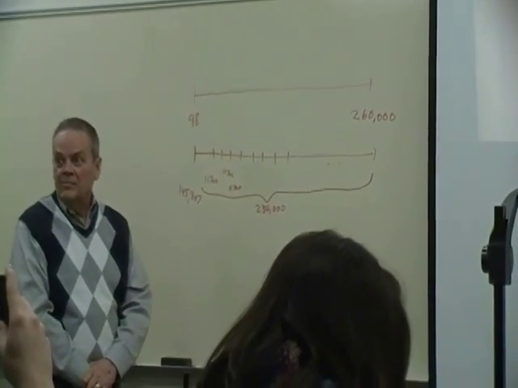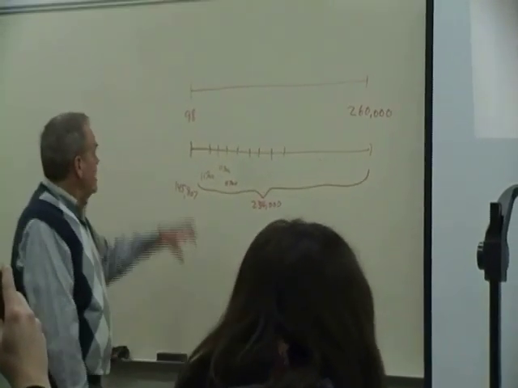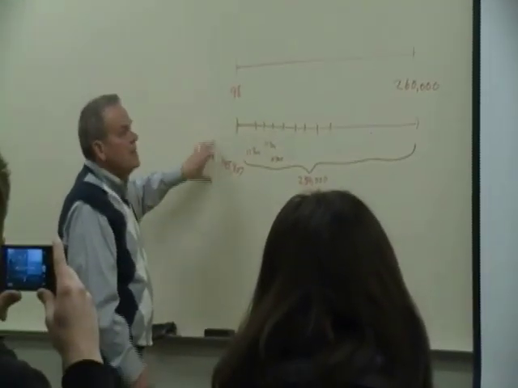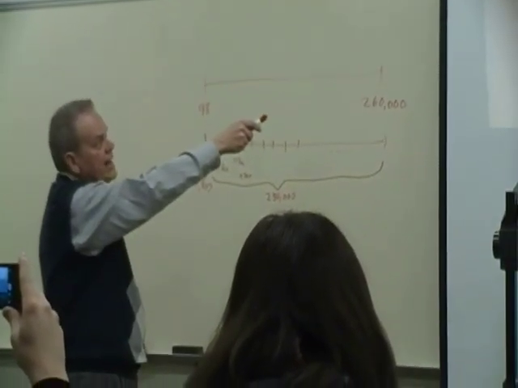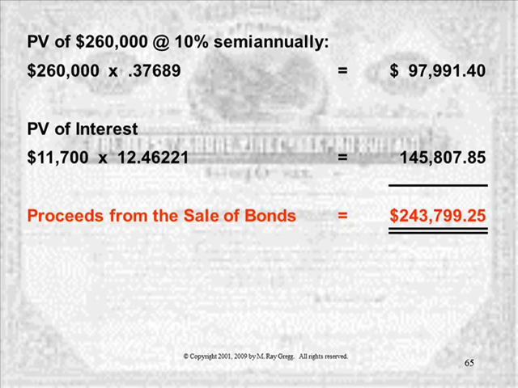The time value of money. Now the sum of these two, the sum of $97,991 and $145,807 is the price at which a bond sells. And I went way much more detail than I promised twice I was going to. You needed to hear the recap.